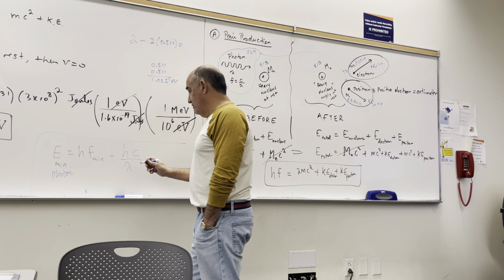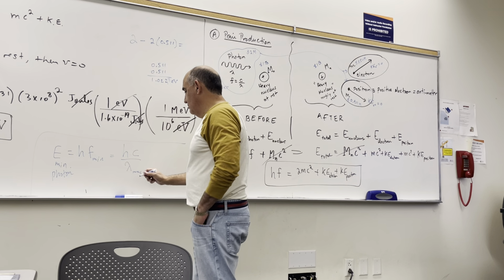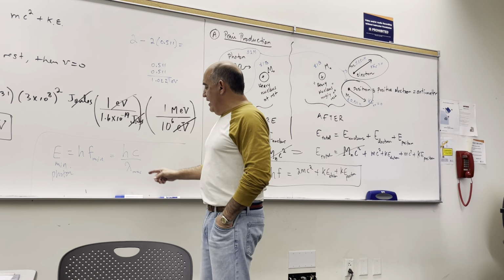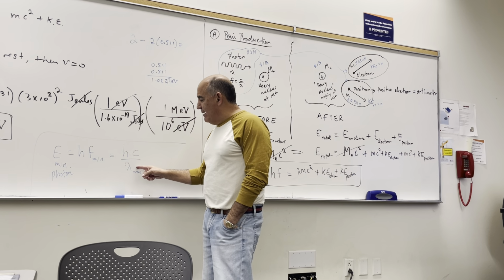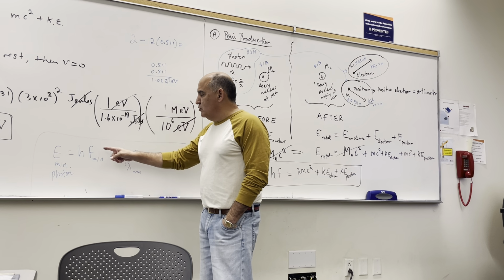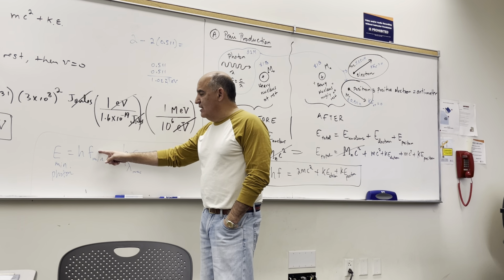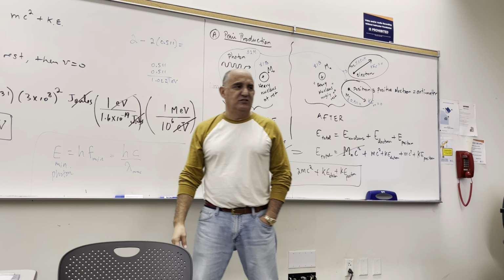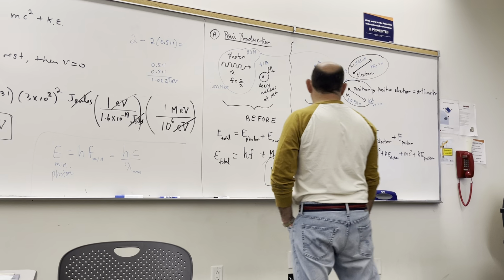It has to be the largest, right? So this would be like the maximum. Any wavelengths lower than the maximum will correspond to higher frequencies than this, and so the electron and the positron will go off with kinetic energies.